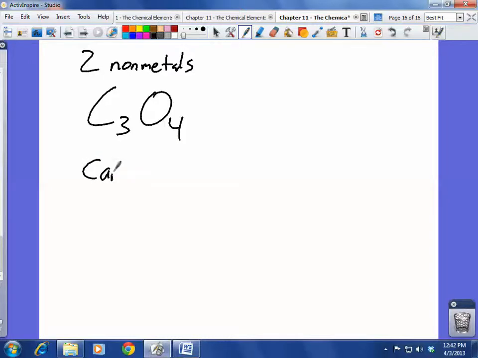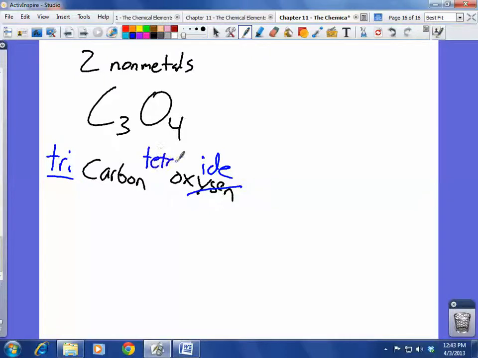We still have carbon and we still have oxygen. Just like before, I'm going to take off this end part and put an IDE. But in order to say how many of each I have, I have to use a prefix. So here, 3 carbons, tri, and then 4, it's going to be tetra.